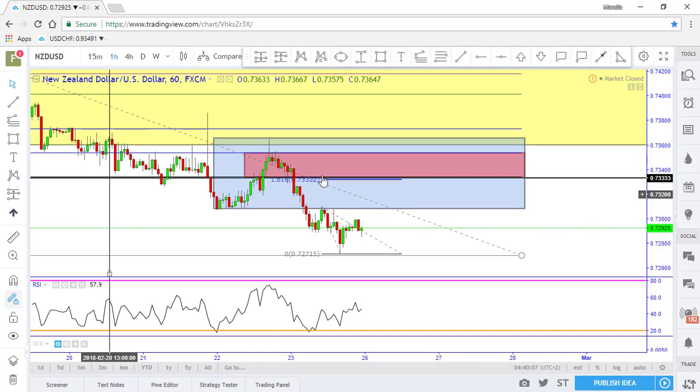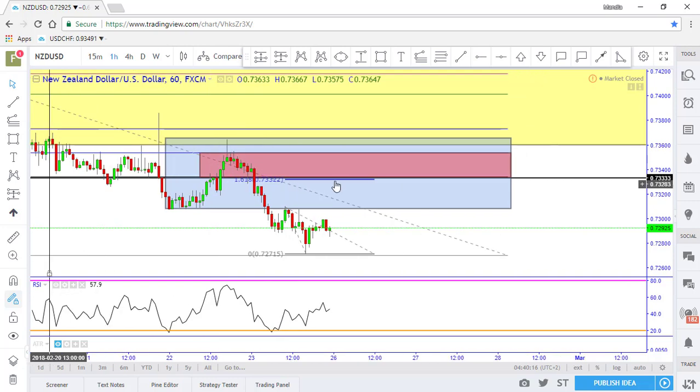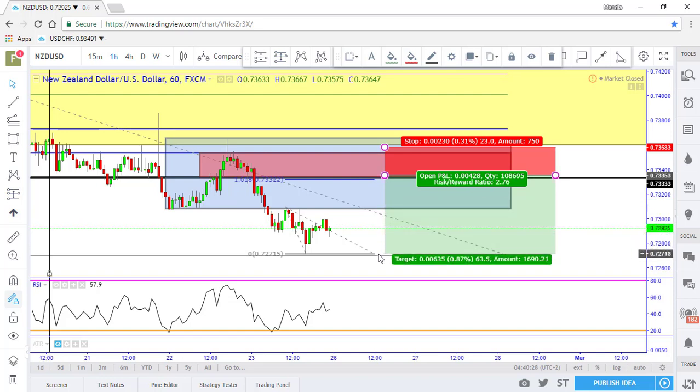Okay, now since we have a confluence of a 1618 extension and a 32 retracement, I'll be looking to take a shorting opportunity as soon as price comes to those levels of structure right there, in anticipation of a retest of these lows right here.